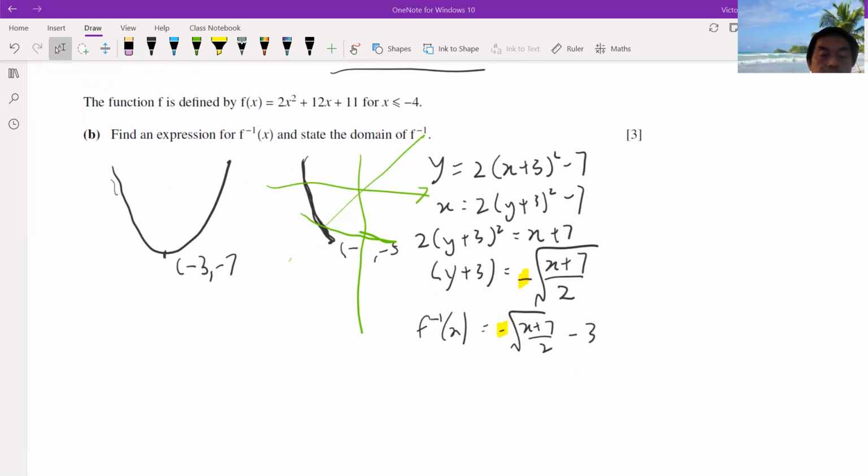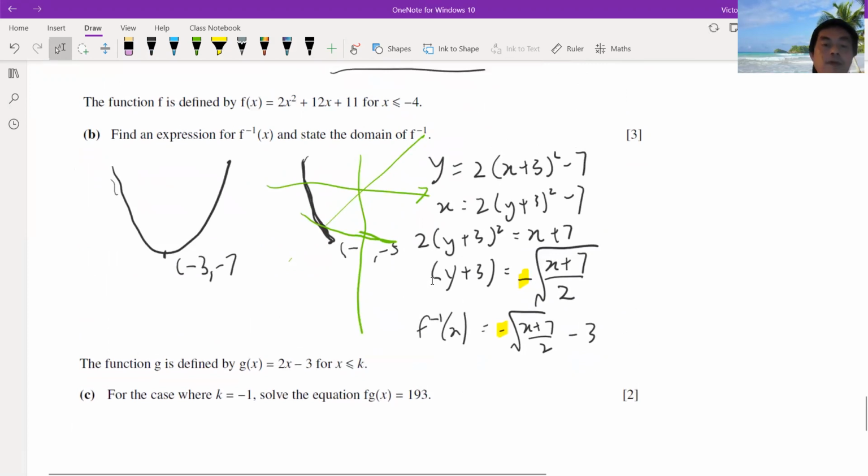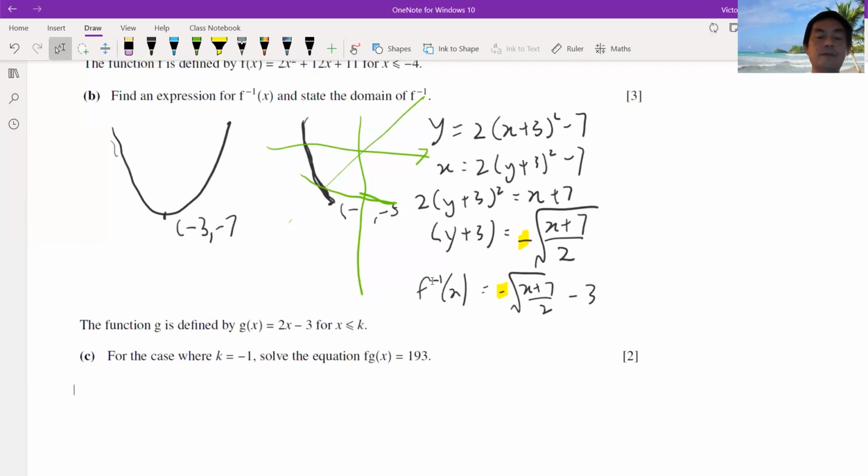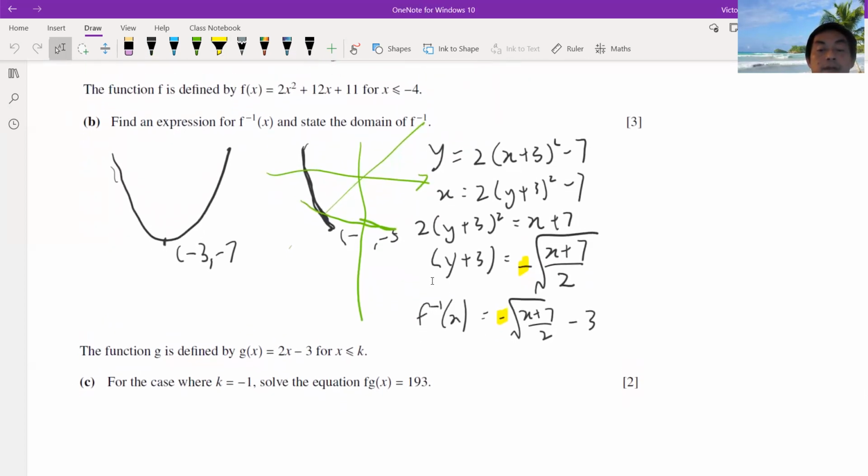Go to the next one. Function g is defined by g(x) equals 2x minus 3 for x smaller than or equal to k. For the case of k equals -1, solve the equation f(g(x)) equals 193.